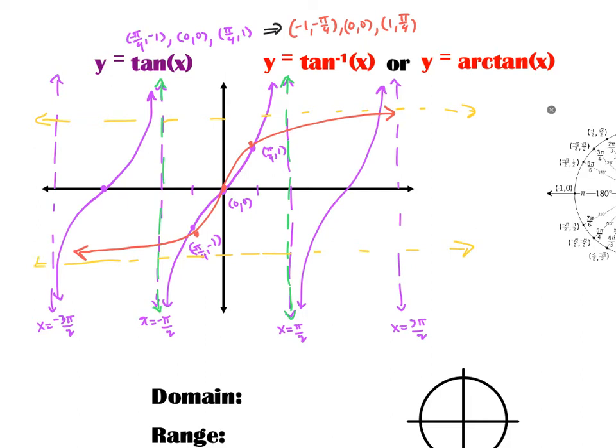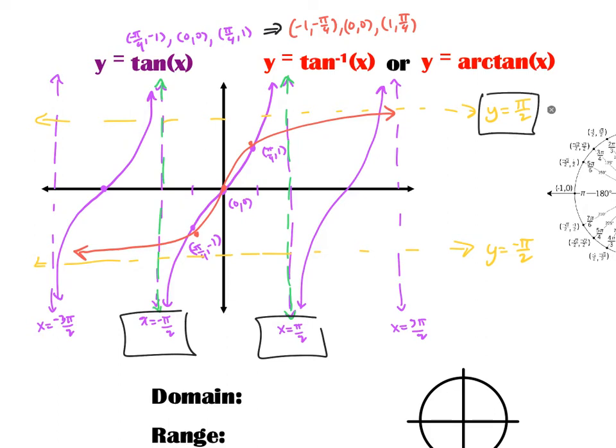Okay, so there are these horizontal asymptotes, and they are located at y equals pi over 2 and y equals negative pi over 2. And they are there in those locations because the domain of tangent, of course, had restrictions at x equals negative pi over 2 and x equals pi over 2. So now the inverse has restrictions at y equals negative pi over 2 and y equals pi over 2.